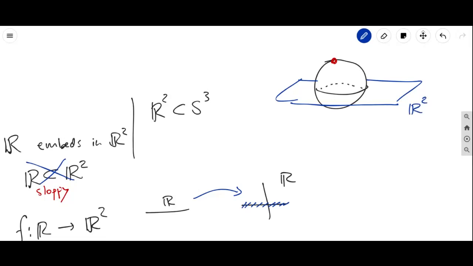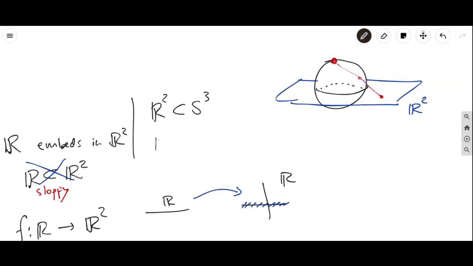So your plane represents R2. And now what you notice is if you pick a point in R2 and you draw a line from the North Pole to that point, it intersects it somewhere in the sphere. And that defines a mapping. So that is a mapping from R2 into S3. So every point will get mapped somewhere except for the origin.